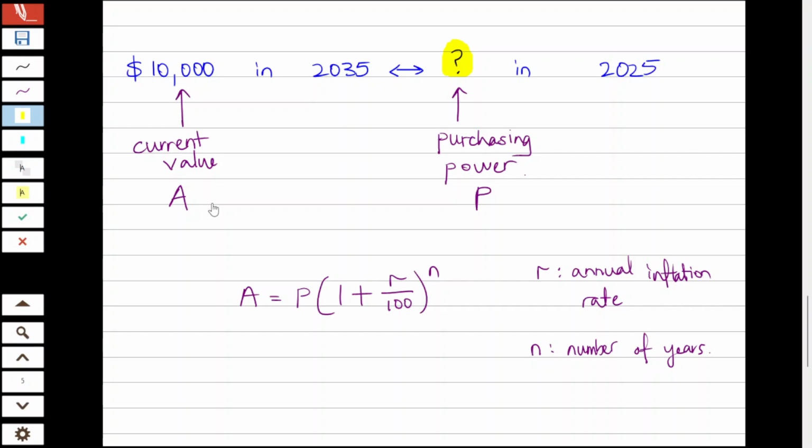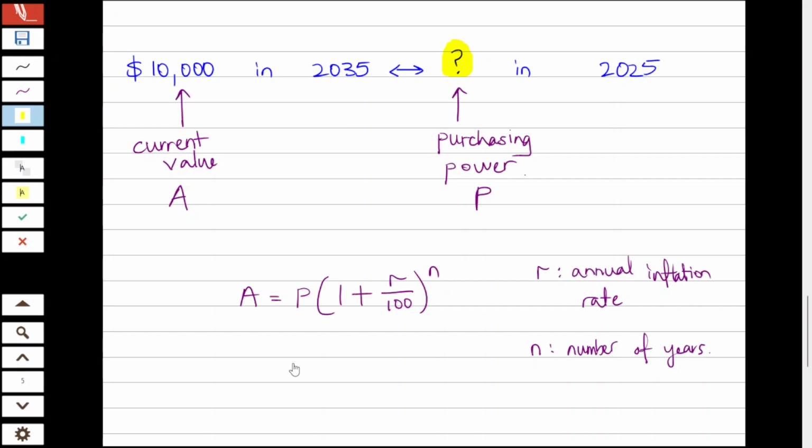That's why it's the current value. And the amount that has been adjusted for inflation that has gone down, that is the purchasing power. The purchasing power is going to be less than the current value because time has passed. So we're going to call the current value A and the purchasing power P, and you'll see they are related by the same multiplication relationship that we used just now.